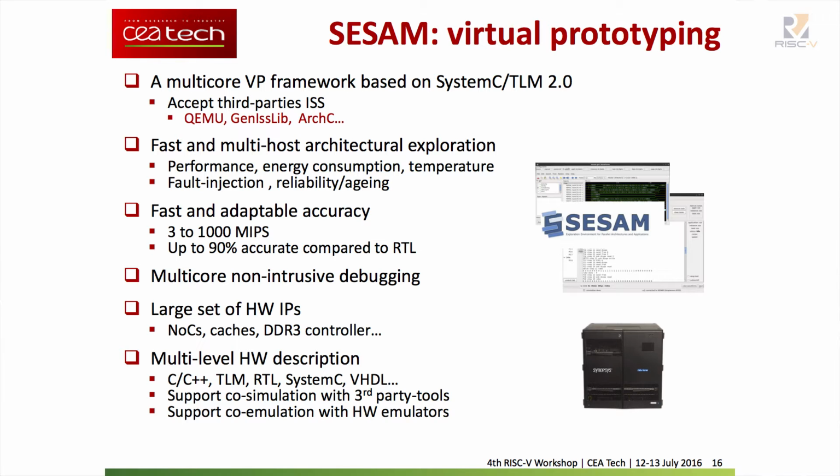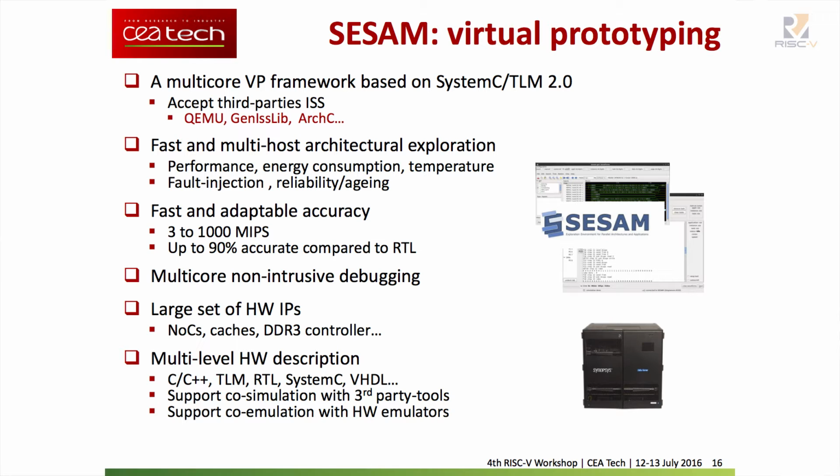And so we have added the RISC-V QEMU ISA. It is fast, as I said, with 1,000 MIPS, and also has a large set of IPs integrated in it. In fact, it's a real framework to build a platform with different IPs, different ISAs, and different cores.